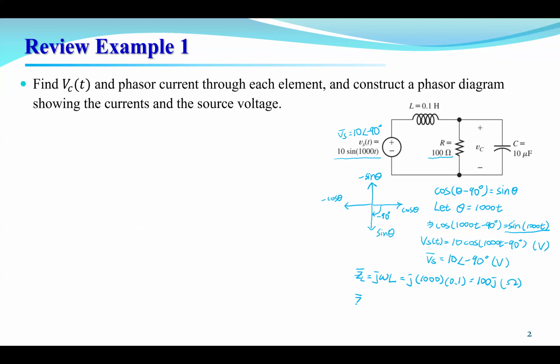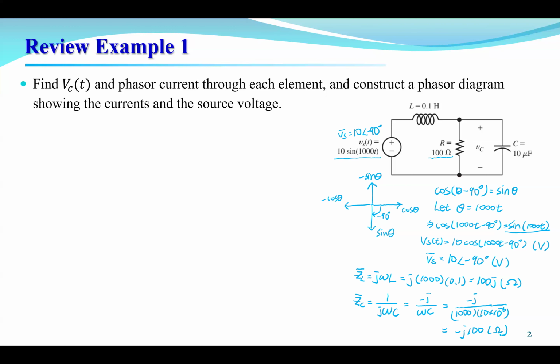And then we're converting the capacitance into impedance. So it's 1 over j omega C, which equals minus j over omega C, which equals minus j times 1 over 1000 times C, and C is 10 times 10 to the power of minus 6, which is minus j 100.